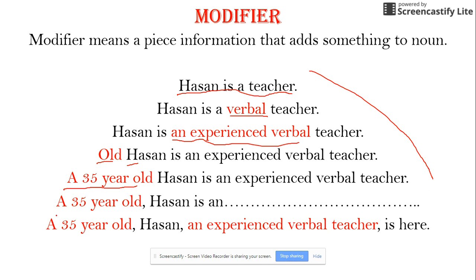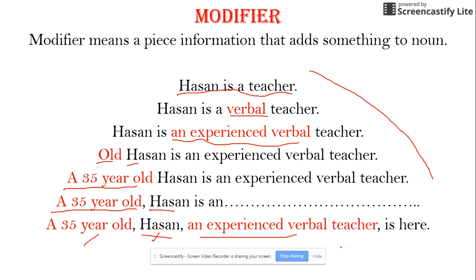Now, how it is connected with a comma, and where it is placed, that we have to look at. Look here, a 35-year-old. This is called an opening modifier. And as we know that it is only for Hassan and both are close, it's correct. So this is the first type of modifier that GMAT gives. Second, a 35-year-old Hassan and an experienced verbal teacher: you will notice a 35-year-old and experienced verbal teacher, both are modifiers for Hassan, and Hassan is a teacher.